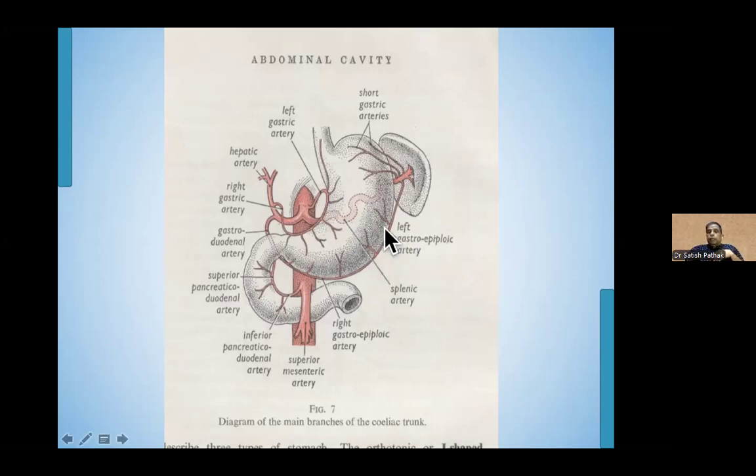Another important thing, gastric ulcer is very notorious, it is known to get converted into cancer. A gastric ulcer more than 2 centimeter in diameter has a 90% chance that it will get converted into malignancy, cancer.